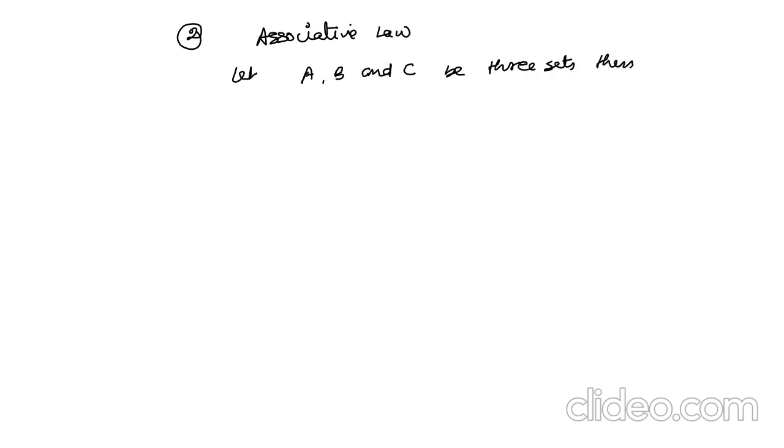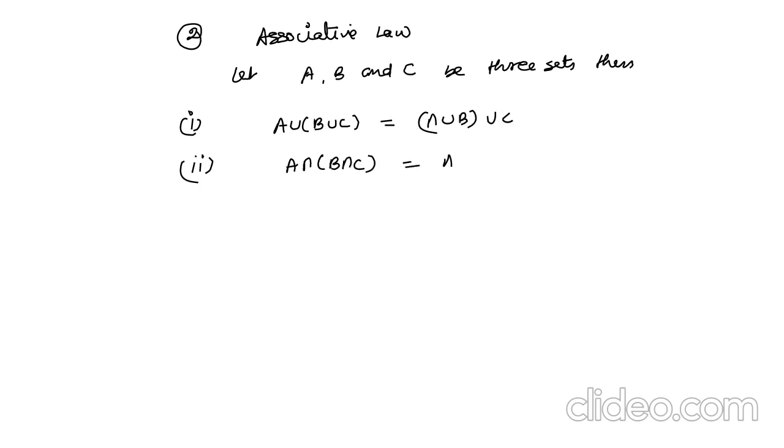Then first, A union (B union C) is equal to (A union B) union C, and the second part, for intersection: A intersection (B intersection C) equals (A intersection B) intersection C. Similarly, you can do this.